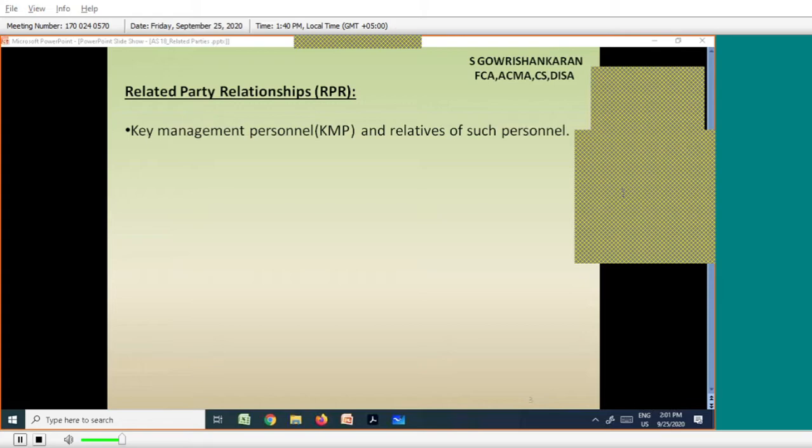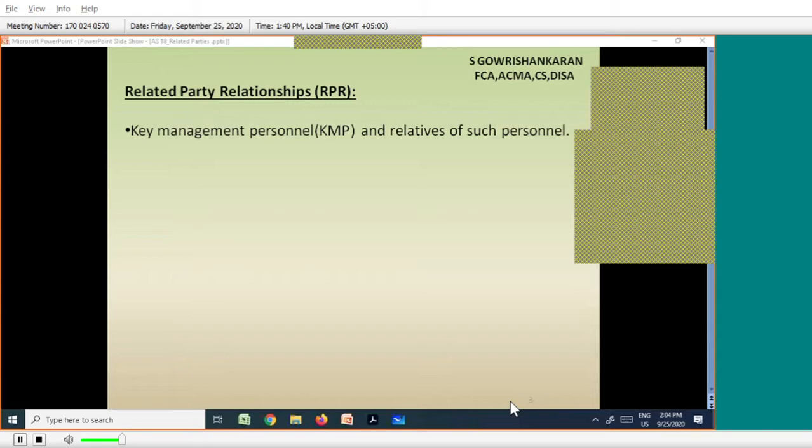I'm directly asking the question. Which type of director is not KMP? Who is KMP? Who has control over the policy? Who is the decision-making authority? Who has the authority and responsibility for the overall company operations?